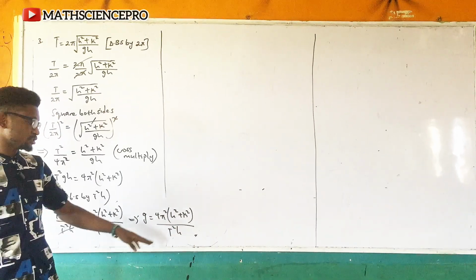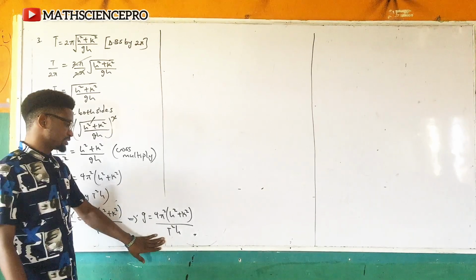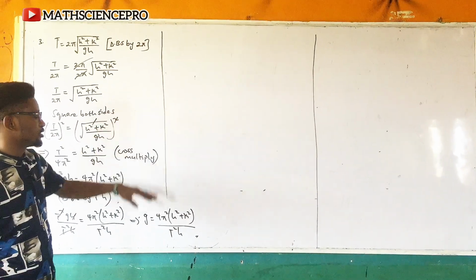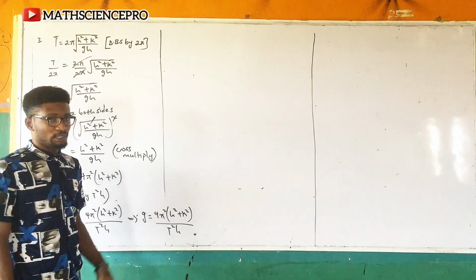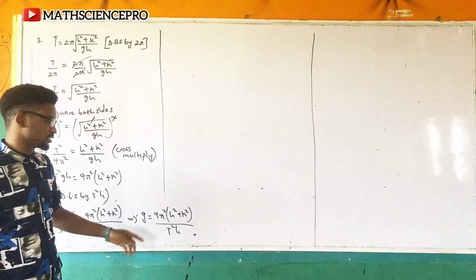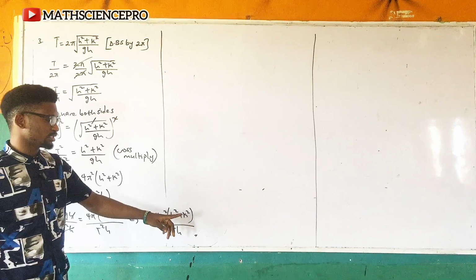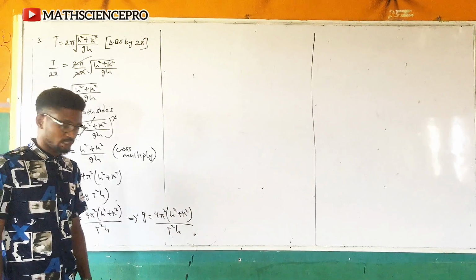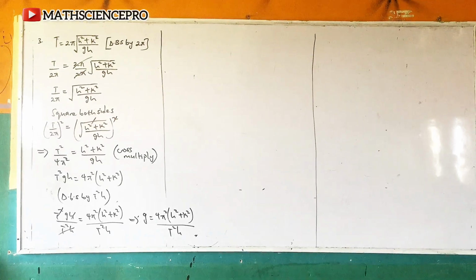At that point, you just substitute respectively. So basically, what we were asked to do is just to make g the subject of the formula, and this is the result we have. Like I said earlier, if you want to expand, you can have 4 pi squared h squared plus 4 pi squared k squared as your numerator. You get that? Alright, so let's quickly get on to the next question.